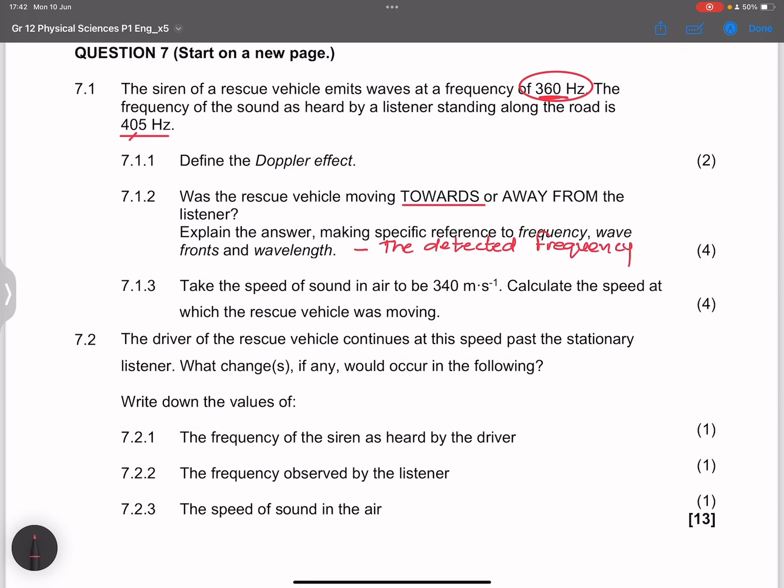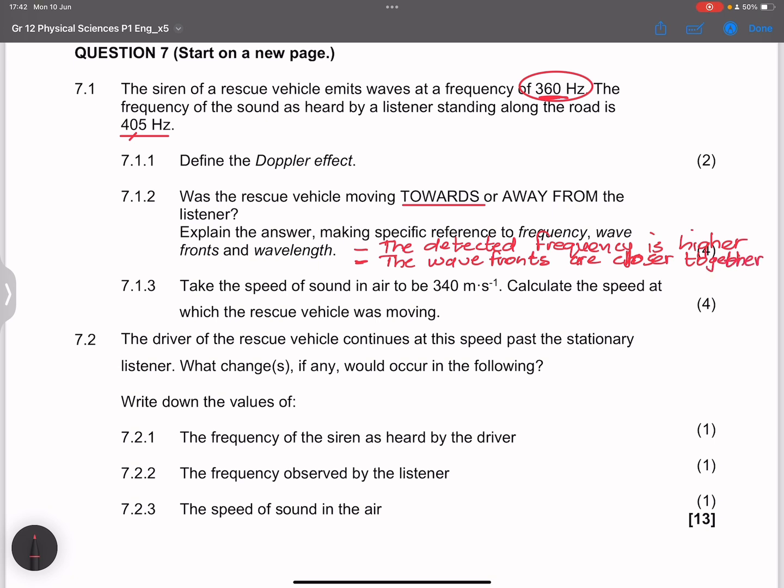And they said we must use reference to frequency, wave fronts, and so that means that the wave fronts are closer together, or closer to each other, I should say.